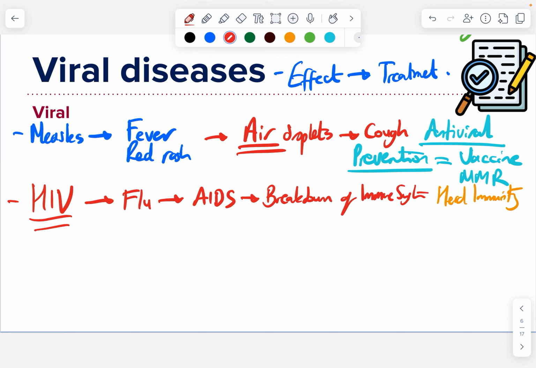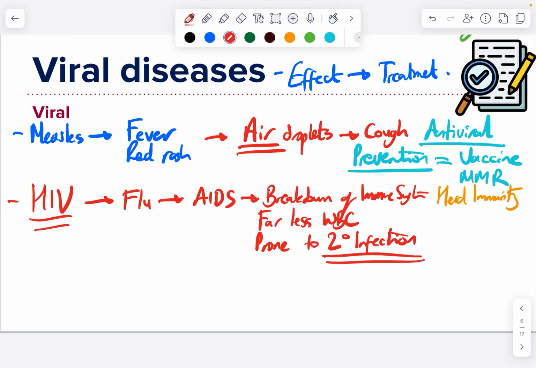In particular, you have far fewer white blood cells, and you're more prone to secondary infections. Nobody's actually ever died of AIDS. They die of the secondary infection, so something like pneumonia is actually what kills them.